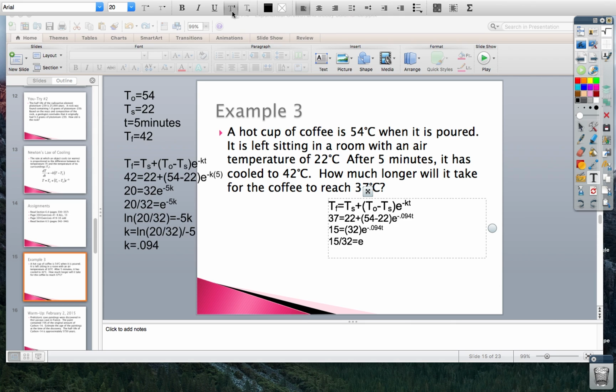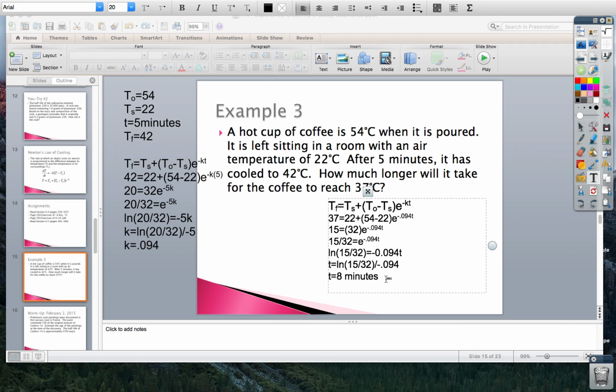Equals e to the negative 0.094 t. ln both sides. We know that ln and e cancel out, so you're left with negative 0.094 t. We're going to divide negative 0.094 to both sides. We get ln of 15 over 32 divided by negative 0.094. And finally, it turns out that this is 8 minutes.